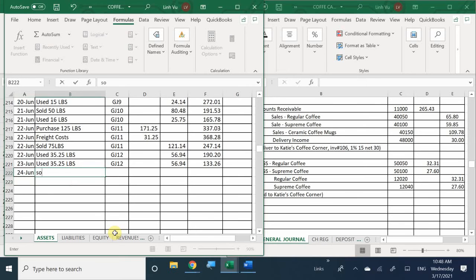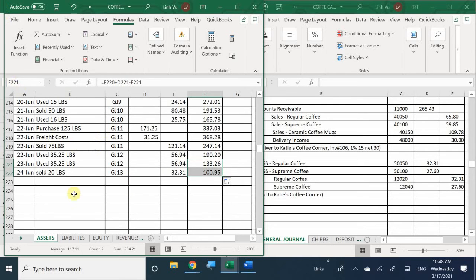Sold 20 pounds for the 32.31. So what should be my new ending balance in my regular coffee account? 105.195, which is exactly what we solved in our inventory worksheet.